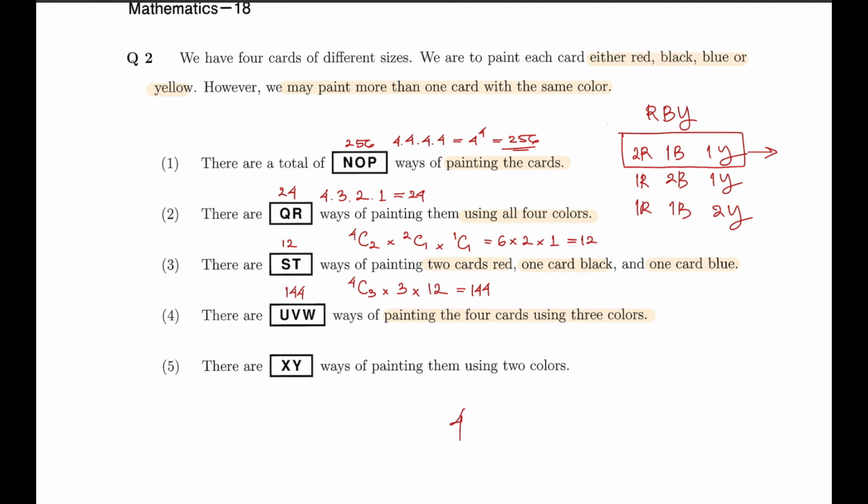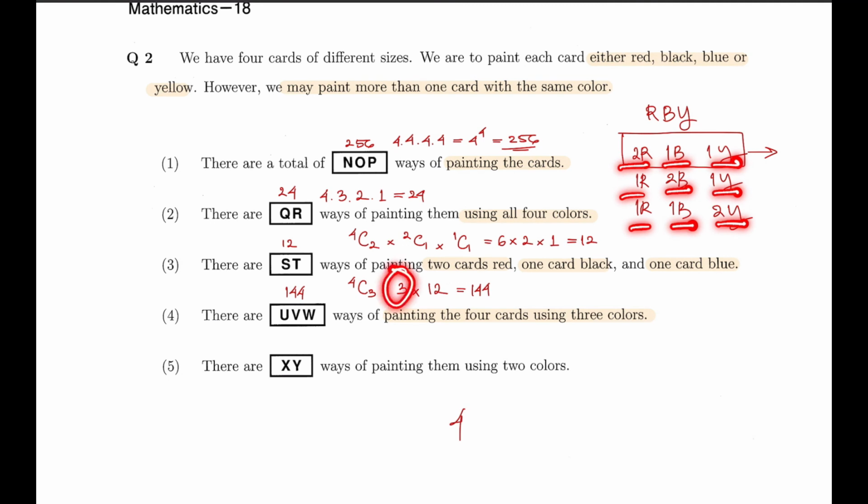If I repeat it once again, 4C3 is the number of ways to choose 3 colors out of 4 colors. After we get the 3 colors, there are still 3 possibilities of painting the cards: 2 red, 1 blue, 1 yellow, or 2 blue, 1 red, 1 yellow, or 2 yellow, 1 red, 1 blue.